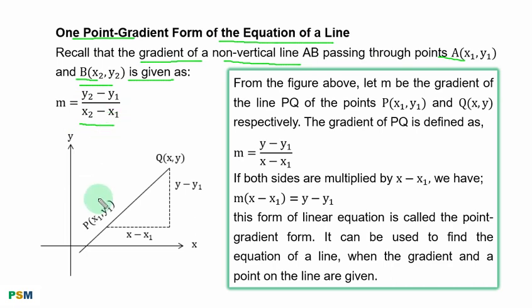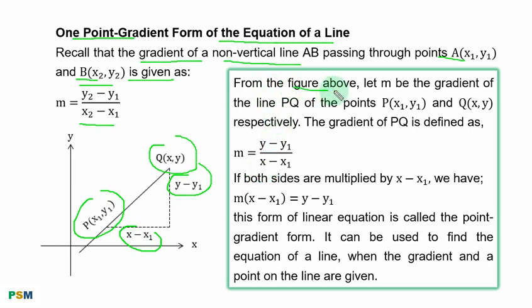Here we are considering just one ordered pair, (x1, y1), and Q is any other point. If you trace both points to the x-axis and y-axis, you have the two distances between the various points.